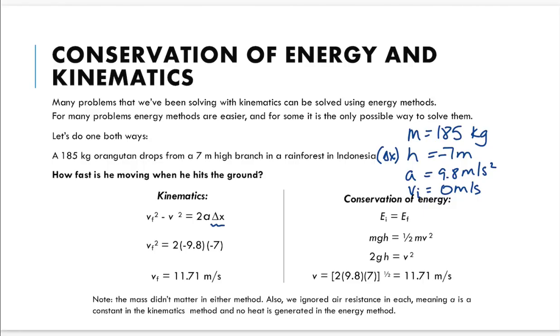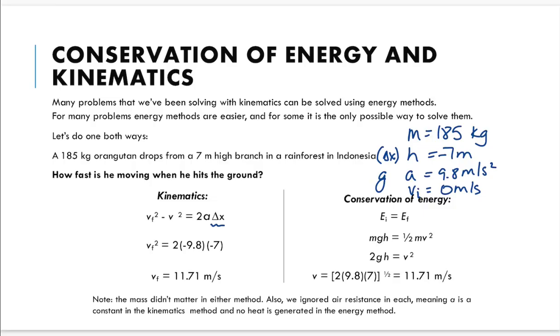Now for the second one, our conservation of energy is our initial energy has to be the same as our final energy, so our potential energy has to be the same as our kinetic energy. So we also know that a can be thought of as g, the acceleration due to gravity.